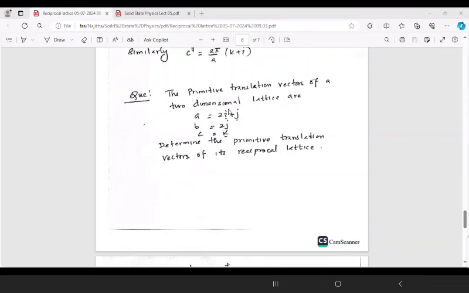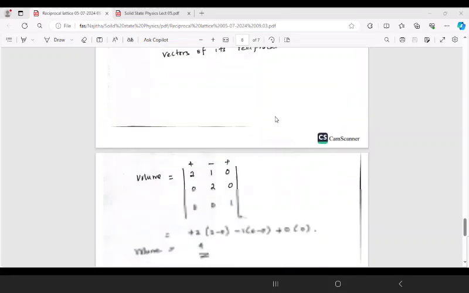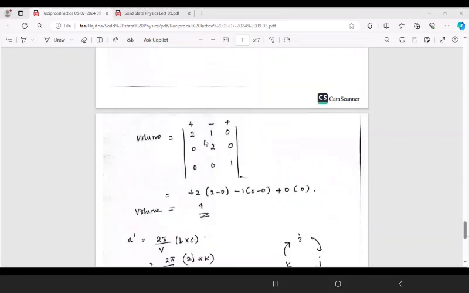So here the three vectors are given. First, you need to find out the volume. So the volume: 2i plus j plus k, so coefficients 2, 1, 0; then 0, 2, 0; 0, 0, 1. If you take plus 2, then you cut down this, and 2 into 1, 2, minus 0 into 0, 0.